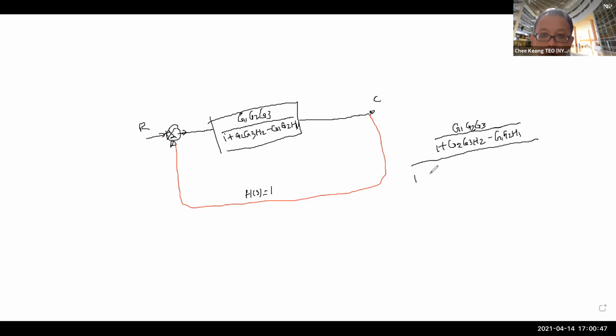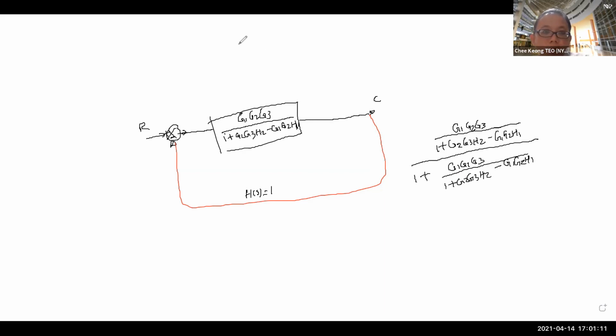This is 1 plus because your feedback is minus. Then of course multiply by the same term again, G1, G2, G3 over 1 plus G2, G3, H2 minus G1, G2, H1.